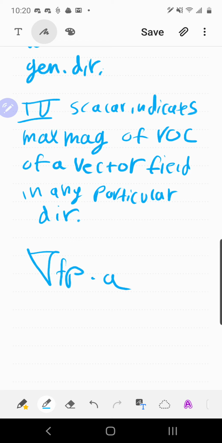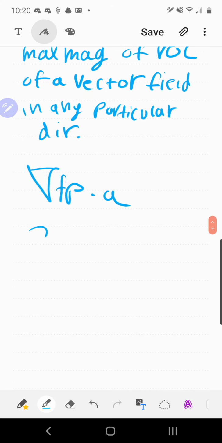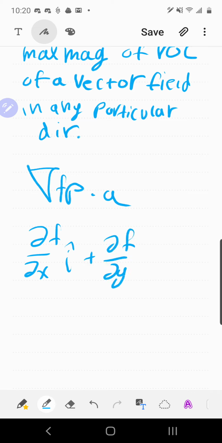The gradient is equivalent to the partial derivative vector, if you guys are familiar, in the I direction, J direction, and K direction.